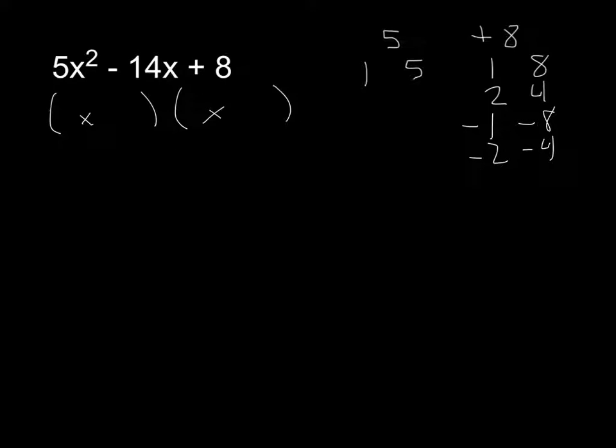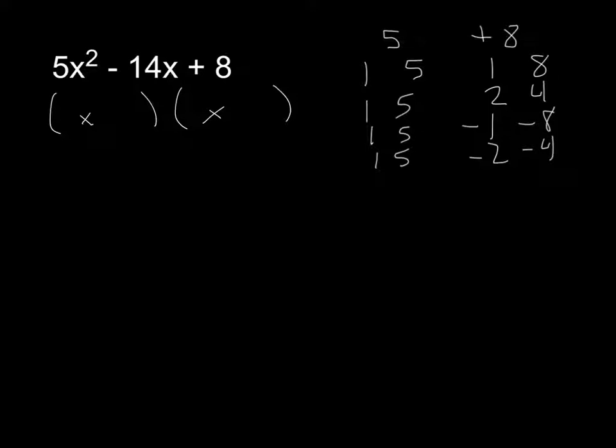Those would add up to give me a negative, even if these were all positive. And it's usually safe to assume, 80% of the time, that we're working with positive coefficients for the a. So we don't really look at the negative factors there unless we absolutely have to.